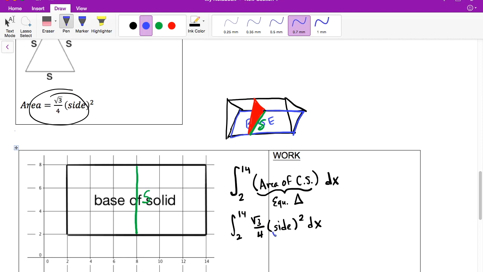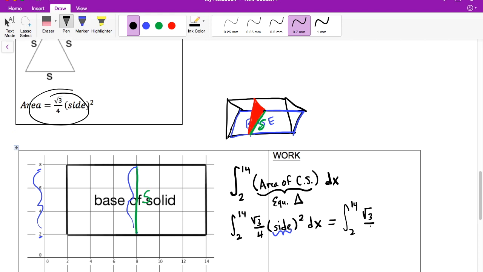And based on the graph, we can update this equation even more because we can figure out exactly what the side length is. So the side length, remember, is the distance from the top part of the base to the bottom part of the base, which corresponds from here to here. So we need the difference between 8 and 2, which will give us this length, which corresponds to the side length. So 8 minus 2 is 6.